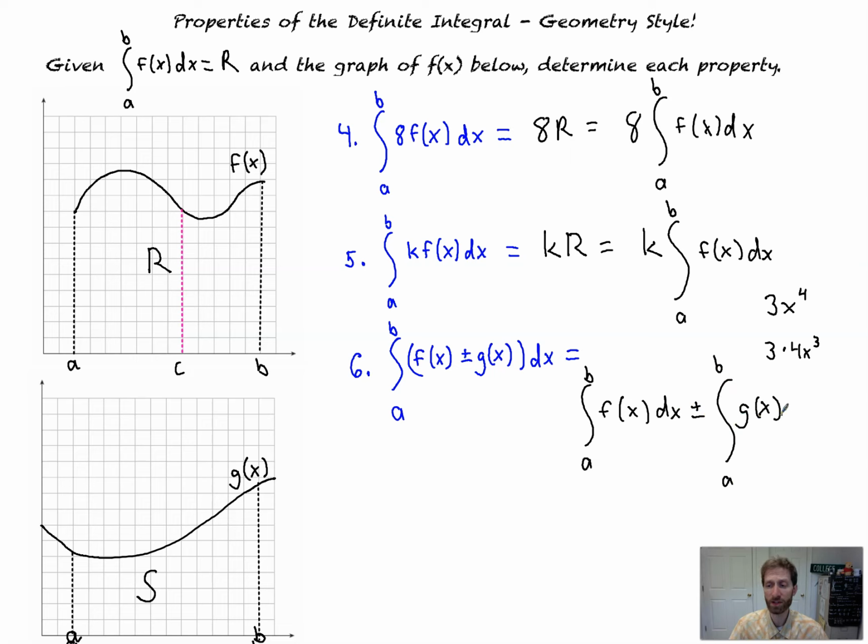It's plus or minus because it just depends on what sign we had to start. So what does this say in terms of area? It basically says that if I'm adding or subtracting the two functions, my result will either be the sum of the two areas if we're adding them, or the difference of the two areas. That's it. So if I were to take these two things and combine their curves, I could still separate them into two separate curves, find their individual areas, r and s, and add them or subtract them. So these are very simple rules backed up by geometry.